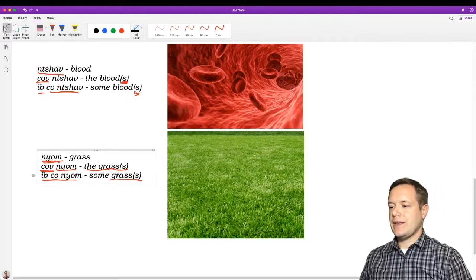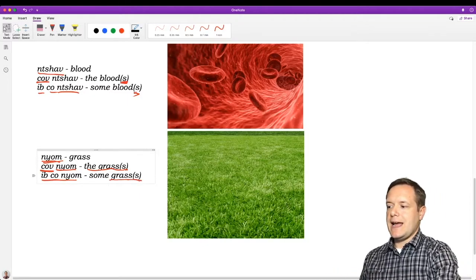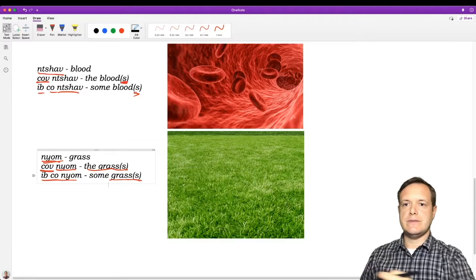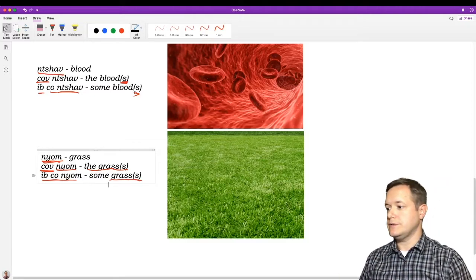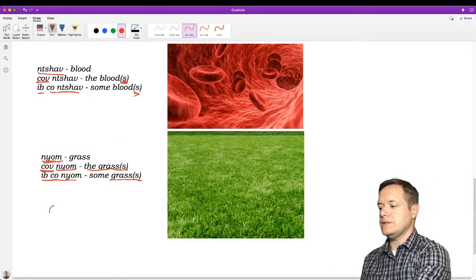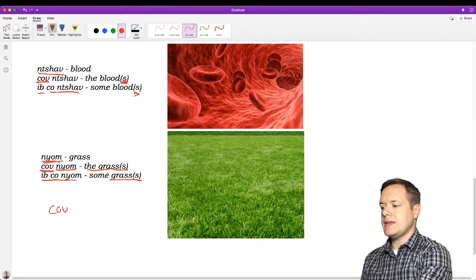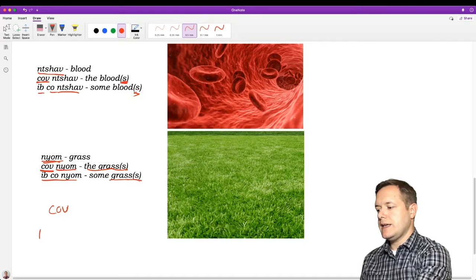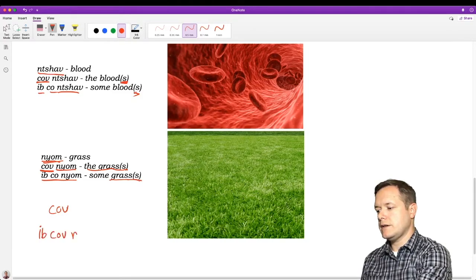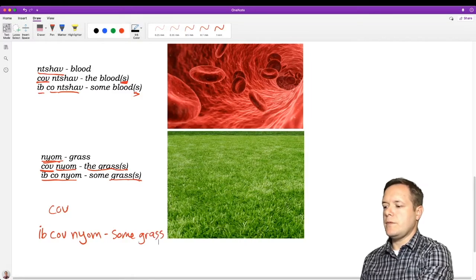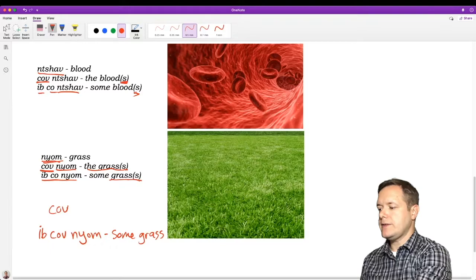Okay, so one thing I wanted to add just real quickly here is think of jaw as a tool that we use. Jaw is a tool that we can use to pluralize. So that doesn't make it the rule. It's just a tool that we can use. So while we can say jaw nyom, some grass, we can replace that classifier with a different one.